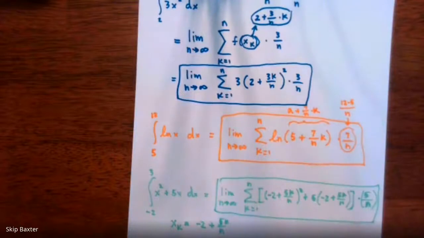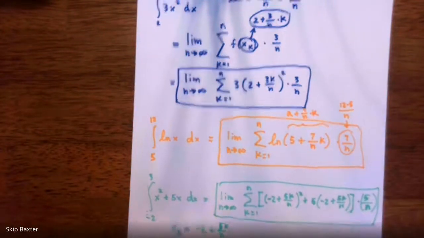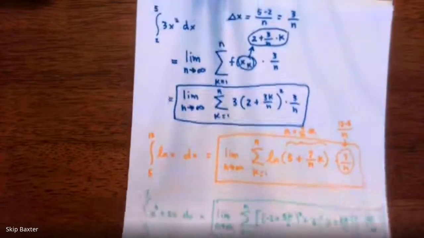Okay? So that's the first part of the assignment, going from a definite integral to the limit of Riemann sums. The second part of the assignment is just going the opposite way. So you just have to identify all the parts.